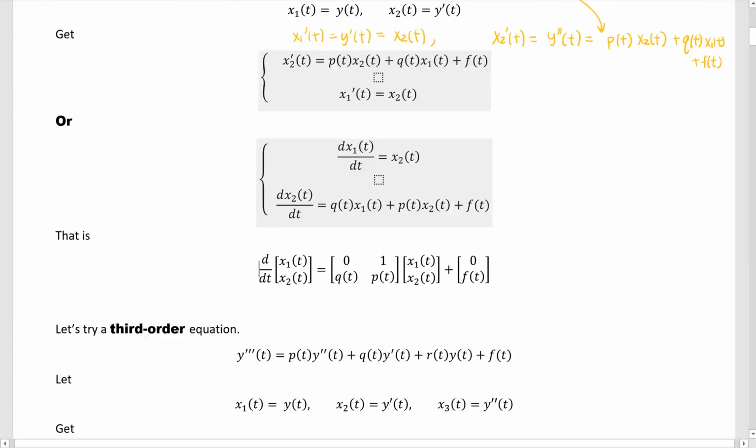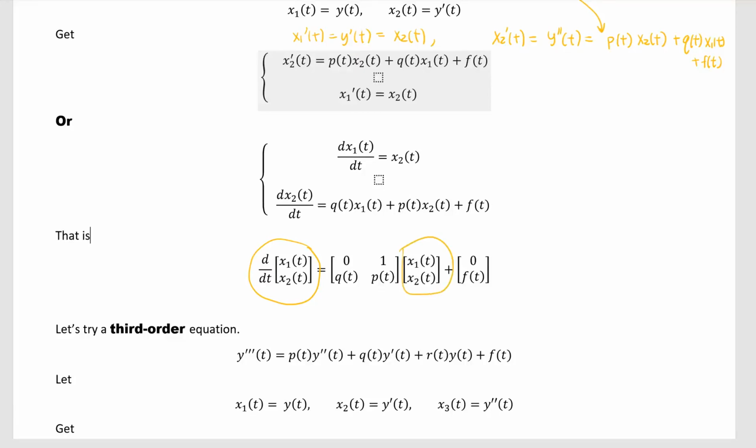So you can see now, because of this system of differential equations, on the left is actually the derivative of the vector x1 and x2. Look at x1.